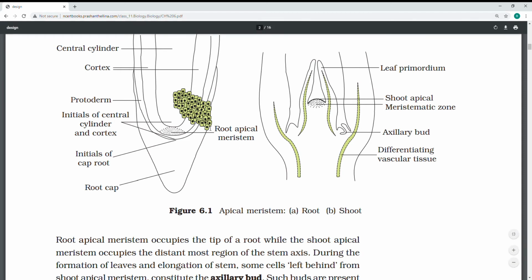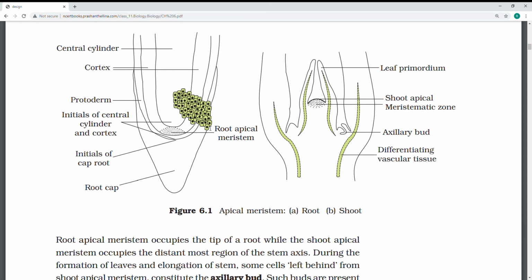If you see a single cell of this, the shape will be isodiametric, hexagonal or oval, sometimes polygonal. The cells are arranged with no intercellular spaces between cell to cell. For some cells there will be intercellular spaces, but here there are none. The outer cell wall contains cellulose and hemicellulose, and the nucleus is present.